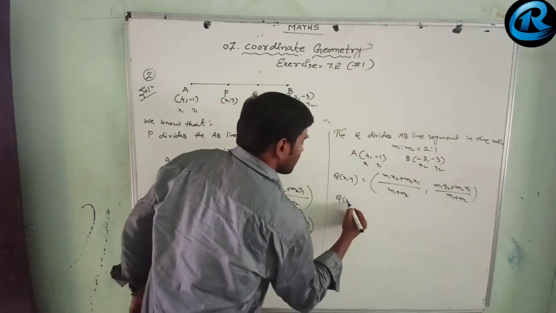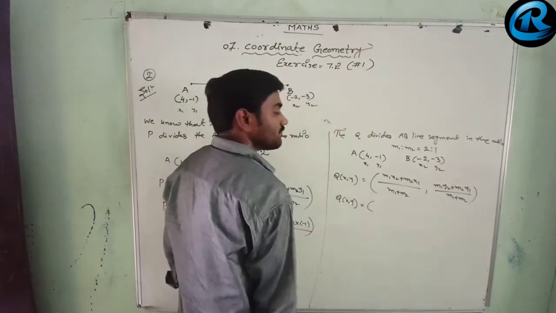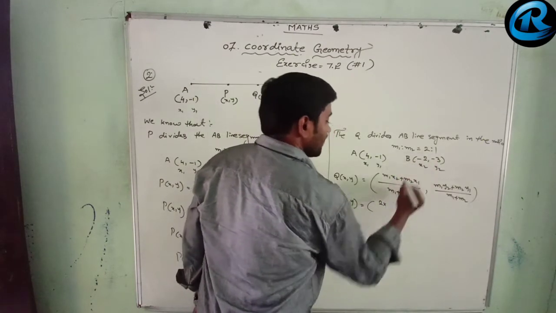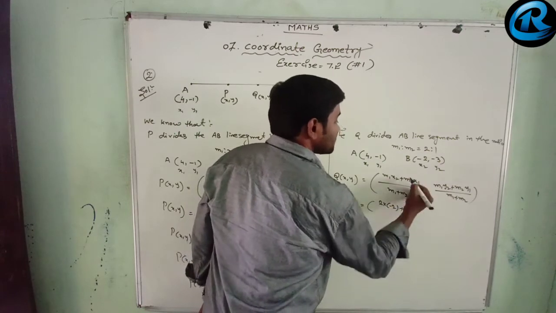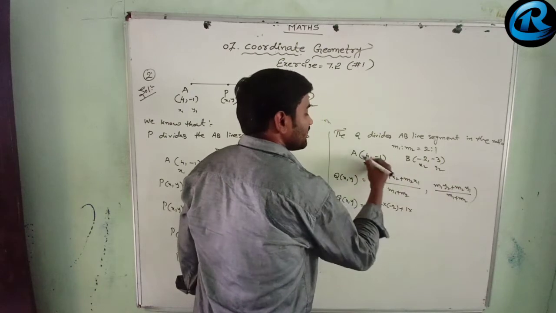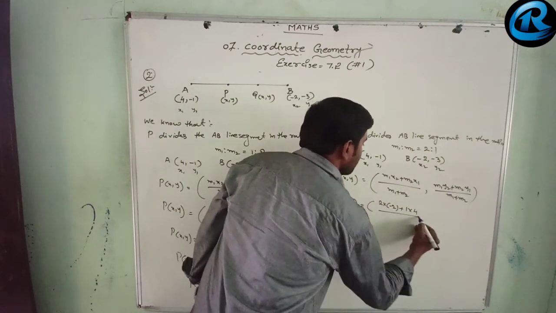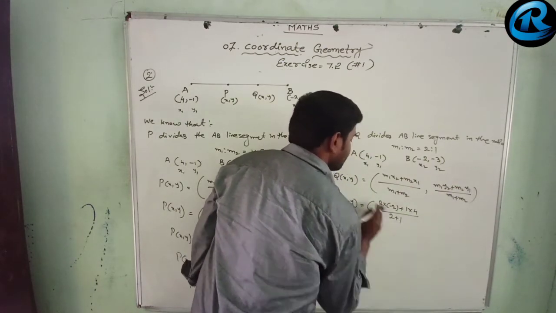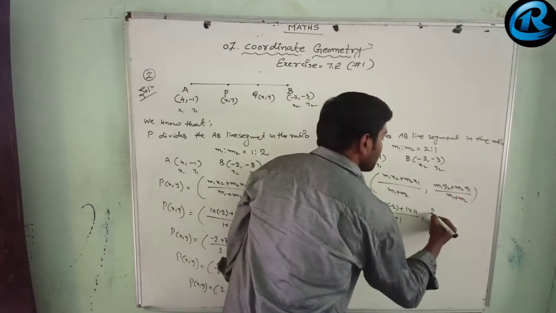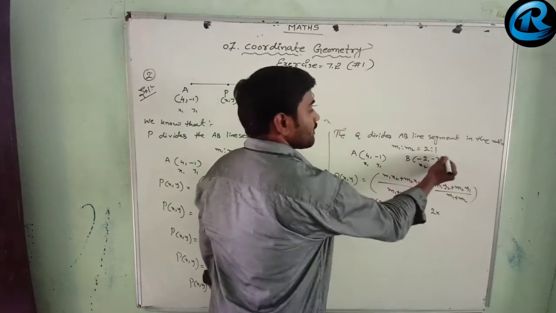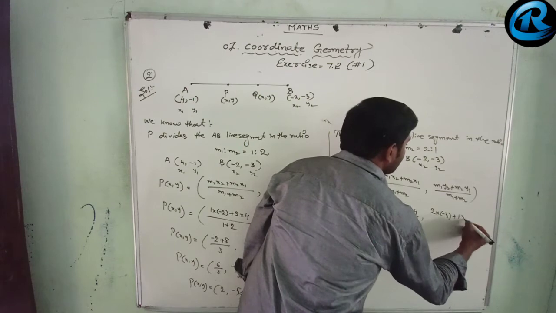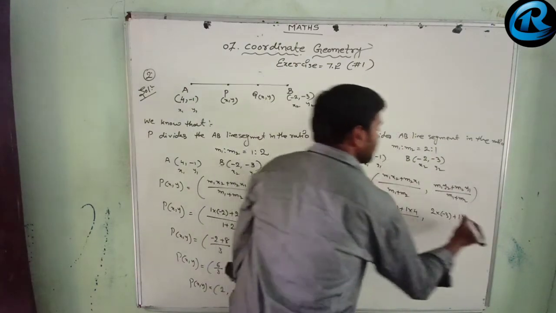Here Q x comma y is equal to m1, that is 2, into x2, that is minus 2, plus m2, that is 1, into x1, that is 4, by 2 plus 1, comma m1, that is 2, into y2, that is minus 3, plus m2, 1 into y1, it is minus 1.